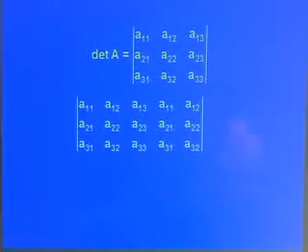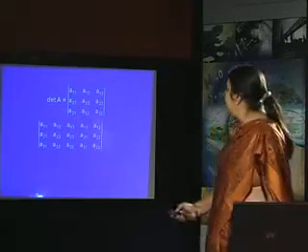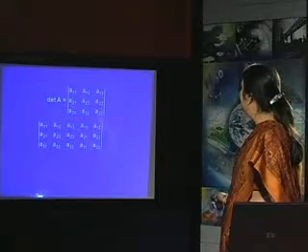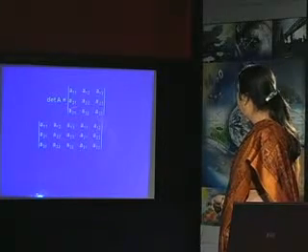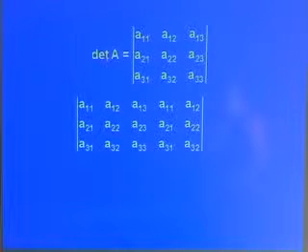What we have done for a 2 by 2 matrix, can we do it for a 3 by 3 matrix? For this, let us consider the 3 by 3 matrix A11, A12, A13, A21, A22, A23, A31, A32, A33. To evaluate this determinant, what one can do is repeat the first column here and repeat the second column here.